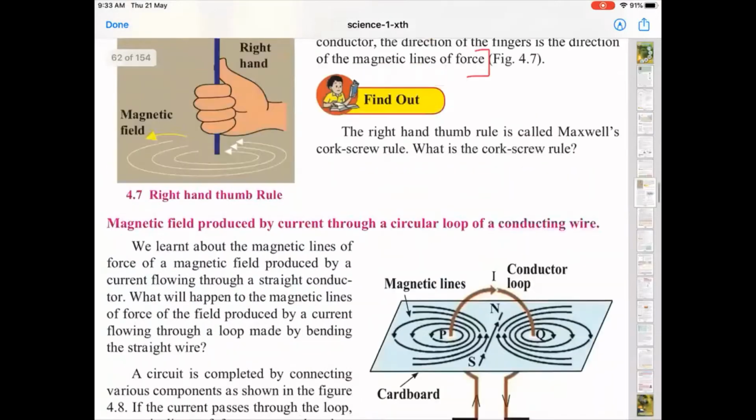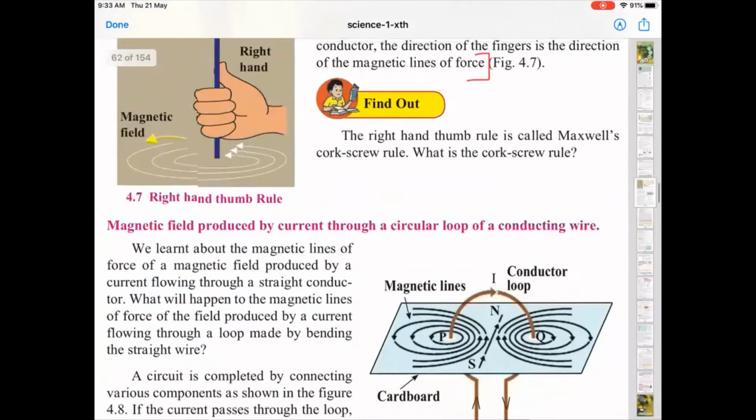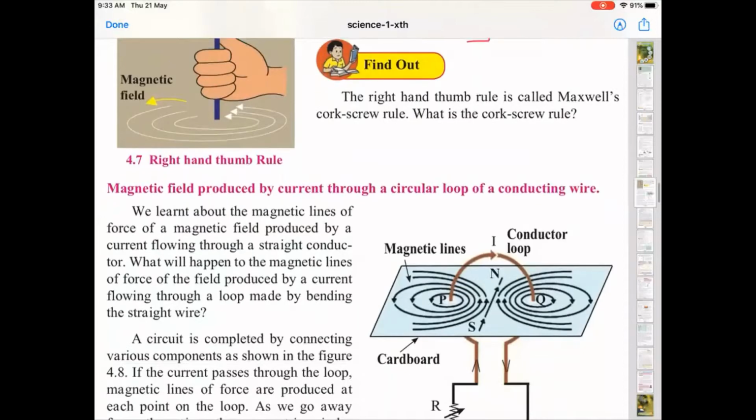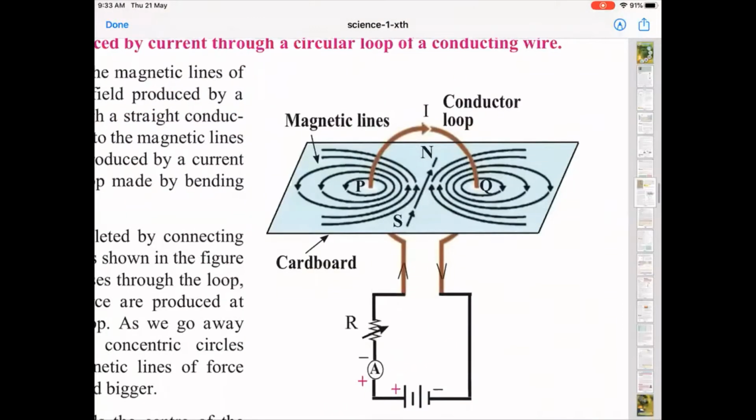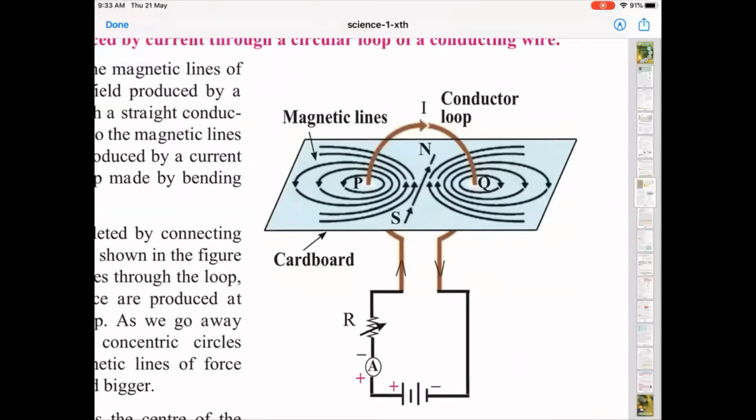Okay, now this conductor was just a simple conductor, and if you look into this diagram, you will realize that it is slightly different from the earlier one. What is the difference? There we had one cardboard, and in that cardboard we had a hole made through the center.